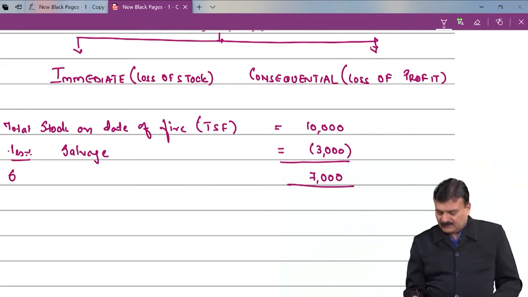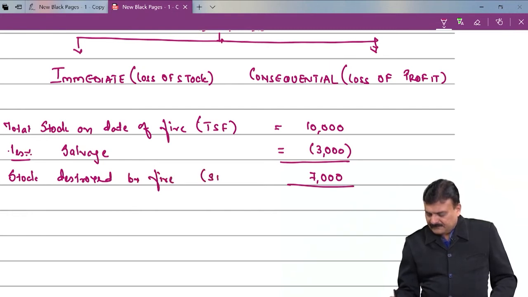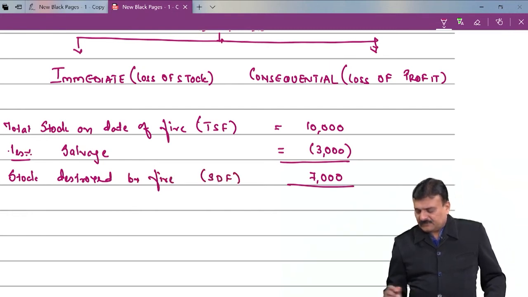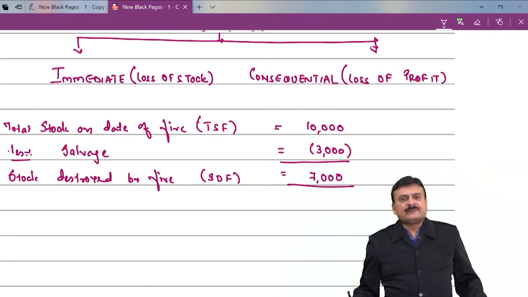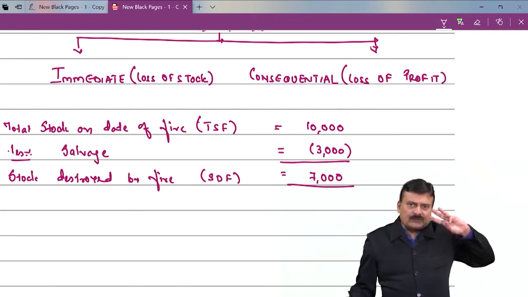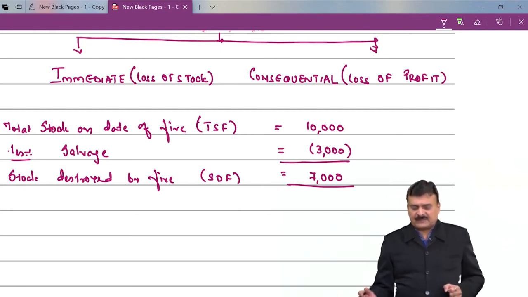So the third one will be stock destroyed by fire. I will shortly call it STF. These three lines we wrote: total stock on date of fire less salvage is equal to stock destroyed by fire.